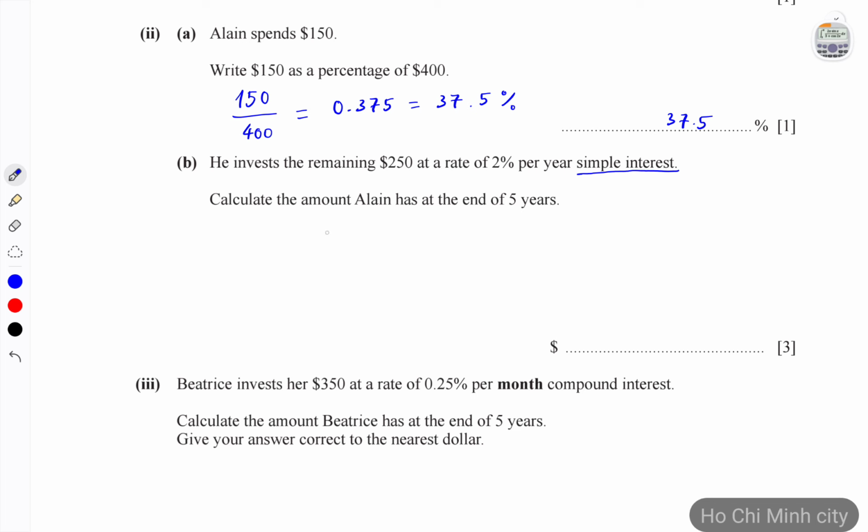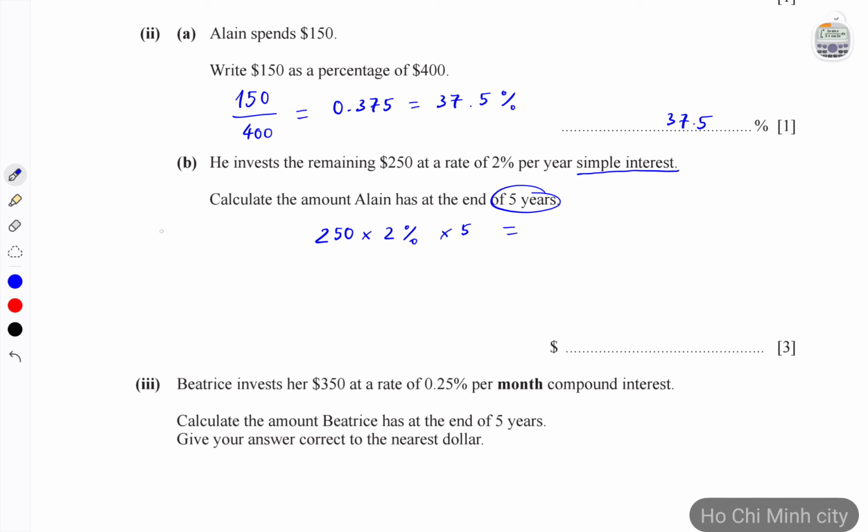We have 250, which is the initial amount, and then times 2%. That would be the interest he receives after 1 year. But because the time interval here is 5 years, we're going to multiply this by 5. And this would be the total interest that he received after 5 years.